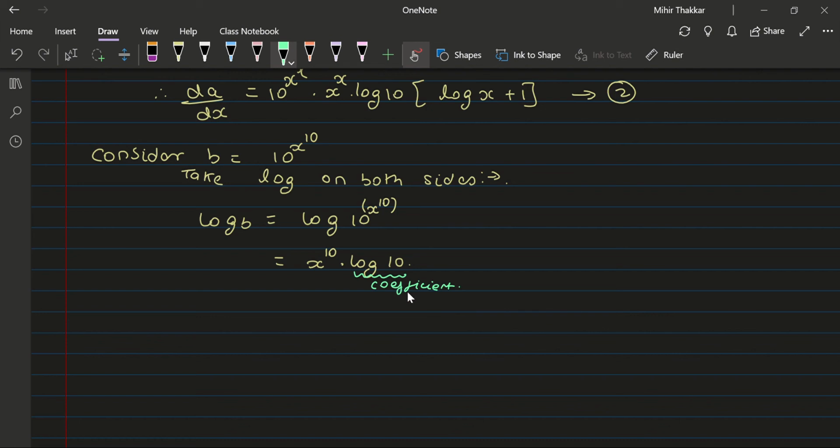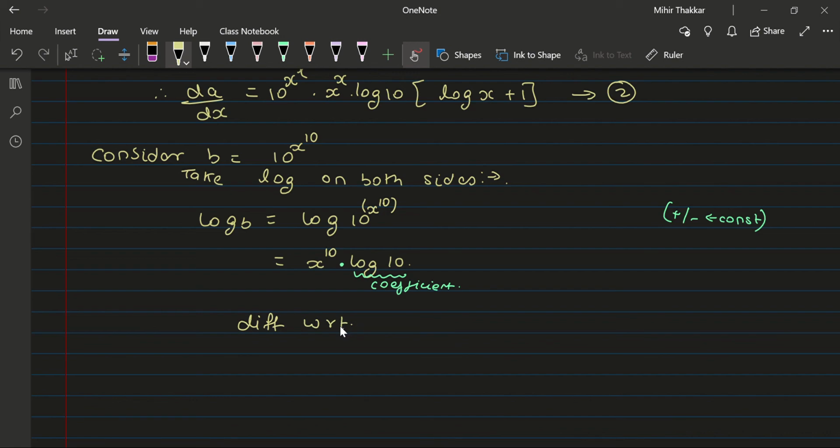Because in the first lecture of derivatives, I have told you whatever term is multiplied with the variable is called as a coefficient, and whatever term is either added or subtracted is called as a constant. So here I can see that there is no addition or subtraction, but definitely there is a multiplication. Therefore, if I consider that this log 10 over here is a constant, I can directly differentiate this with respect to x.